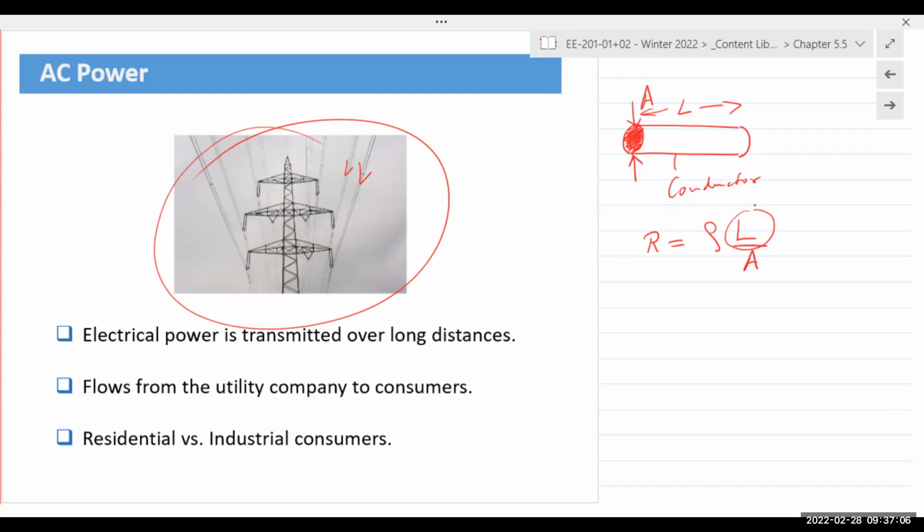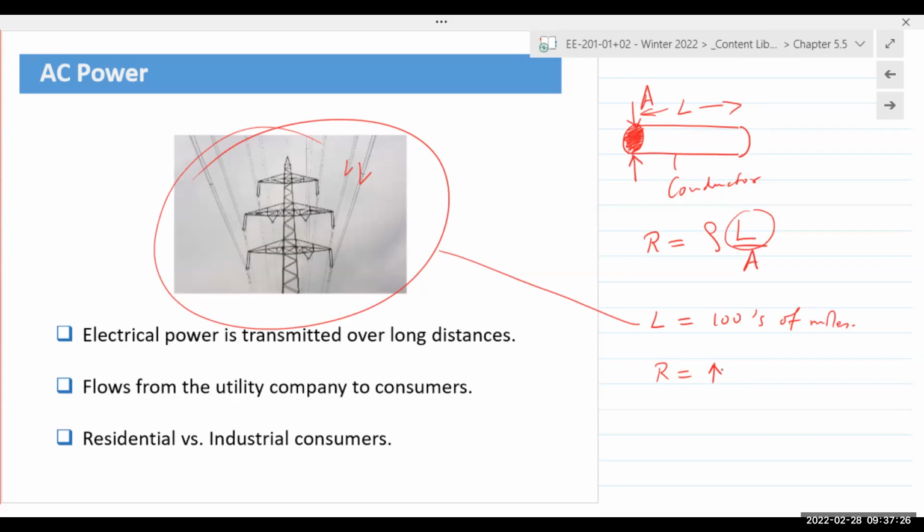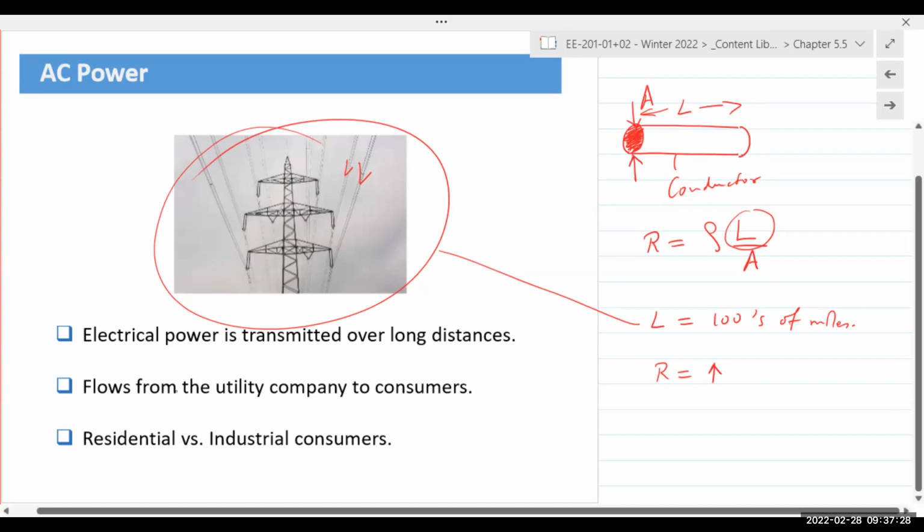But when you have long distance transmission lines that run into hundreds or thousands of miles, the length is large enough that the resistance starts to affect the power transmission through the transmission lines. And so what happens is these conductors get hot.